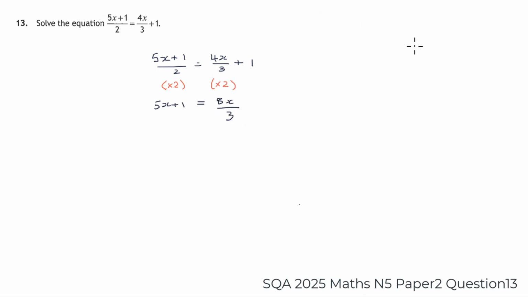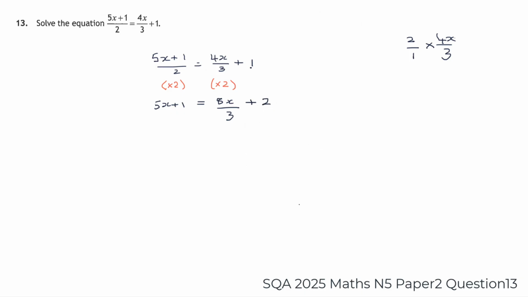If you're not sure of that, think of 2 times 4x over 3. There's your 2. So it's doubling the top line. We leave the bottom line as it is. So 8x over 3 plus, and we must also multiply this 1 by 2. Multiply the whole of the right-hand side by 2.